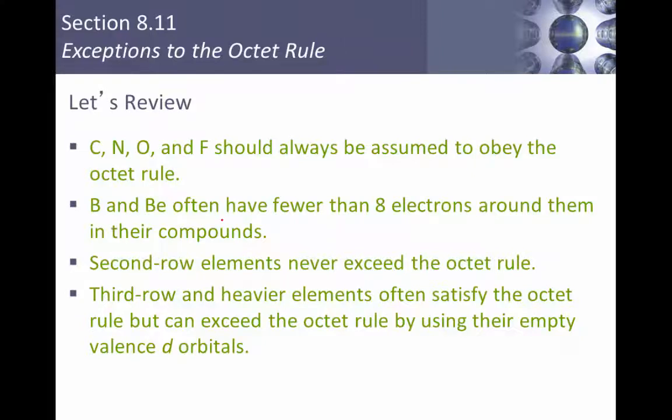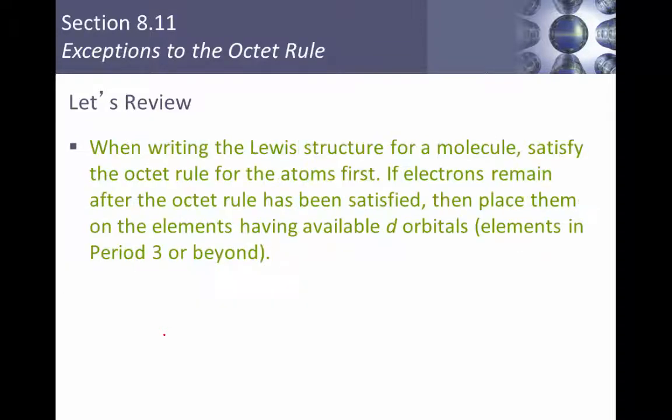All right, so quick review. All the rest of the elements, carbon, nitrogen, oxygen, and fluorine, will obey the octet rule. Just boron and beryllium will not. And our second row never exceeds the octet rule because they don't have a d orbital. Our third row and up can break the octet rule and exceed it because of the d orbital.